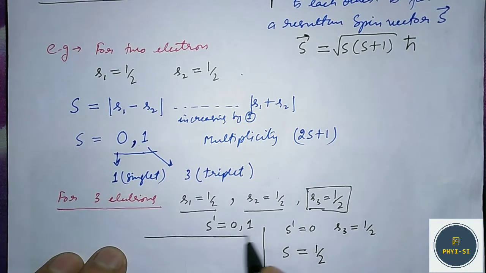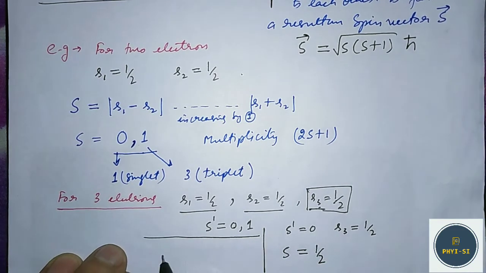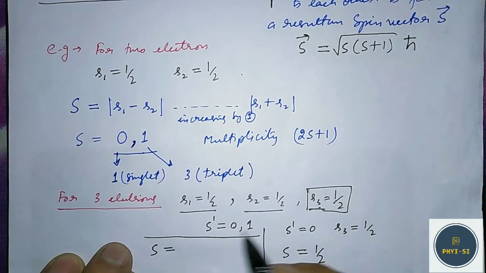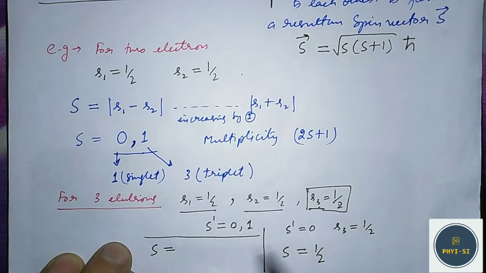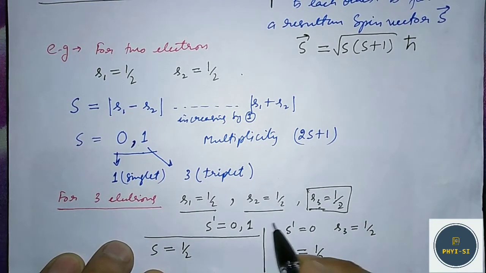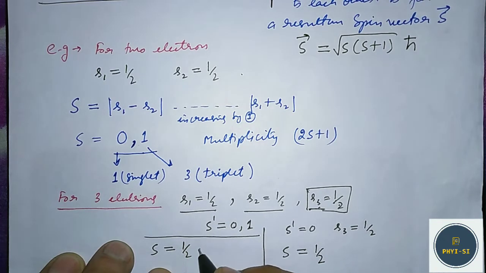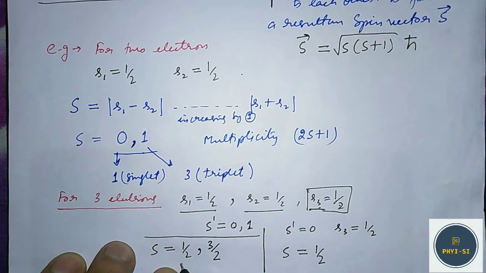Now we interact s dash equal to 1 with s3, so we'll have s equal to 1 minus 1 by 2, that is 1 by 2, and then 1 plus 1 by 2, that will become 3 by 2. So we'll have three values of S: 1 by 2, 1 by 2 and 3 by 2.